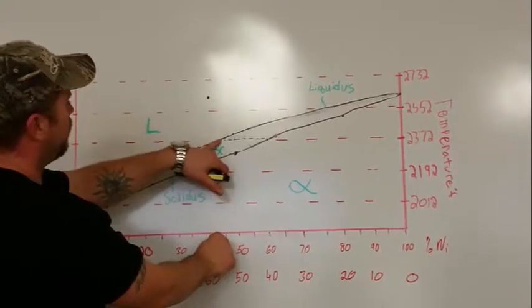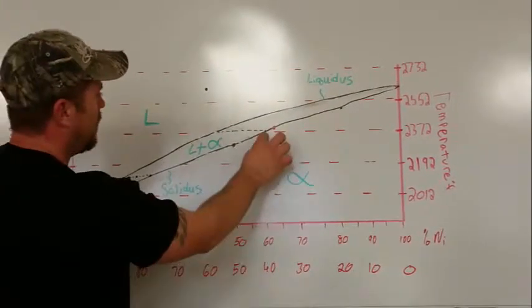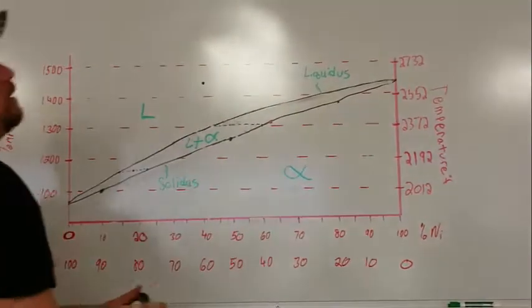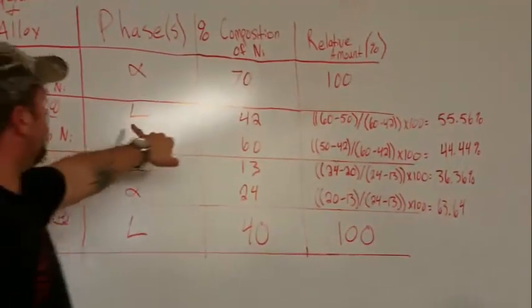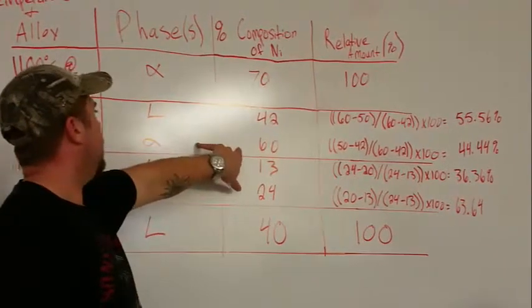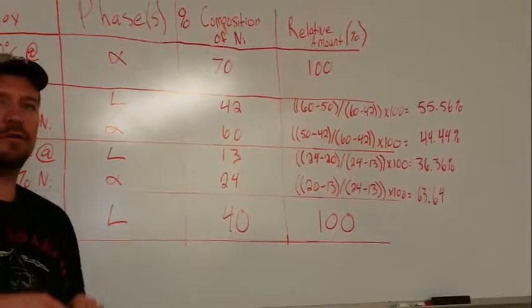So from our liquidus line, we go down, we hit about 42. And from our solidus line, we go down and hit about 60. So you come over here to our chart, 42% liquid, 60% alpha.